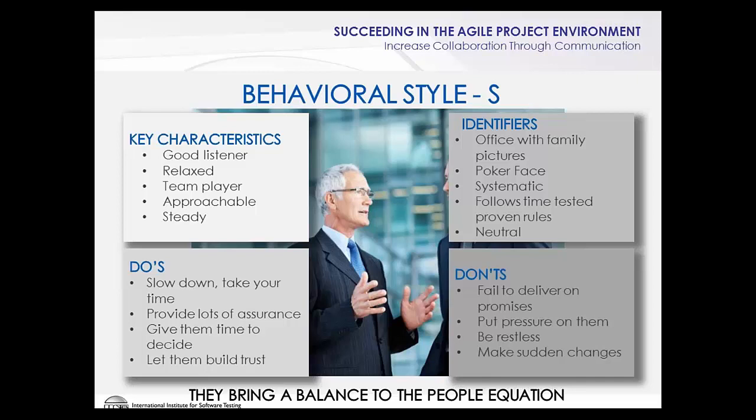Wonderful. Another question is, what is the best way to communicate effectively with a high D? Be direct and to the point. Have all your information ready. D styles can be tough, right? They don't like to waste a lot of time.